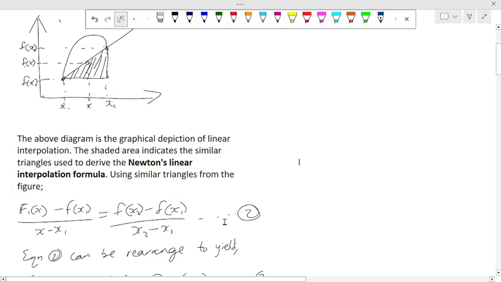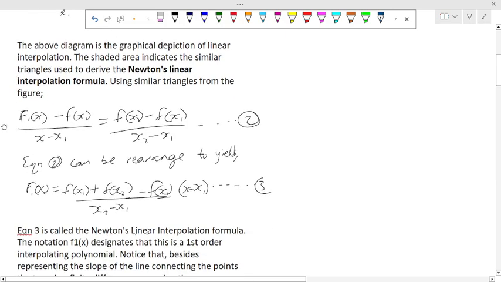So this is equation 2. Our equation 1 is in the previous video. Equation 2 can be rearranged to yield this, just by making f1 of x the subject of the formula. This one crosses over to become plus, and that cancels out this one, and this crosses over to become positive.